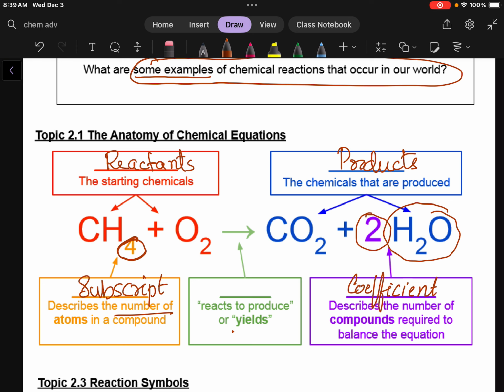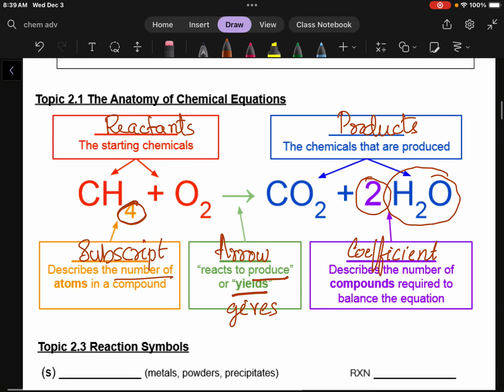So this is the only one we can change while balancing, okay? And this is called arrow, it shows the direction of the reaction, or it will read as yield or produce or gives. You can use all this terminology for interpreting that one, okay?